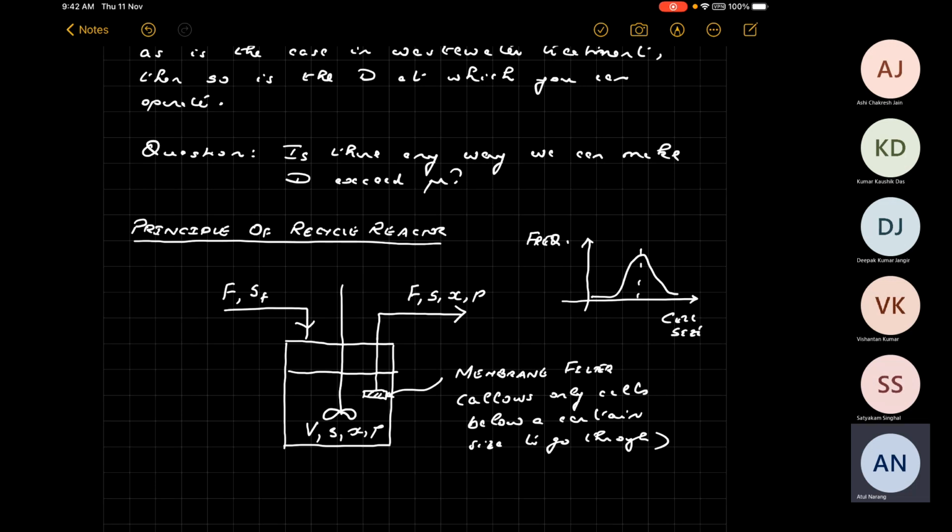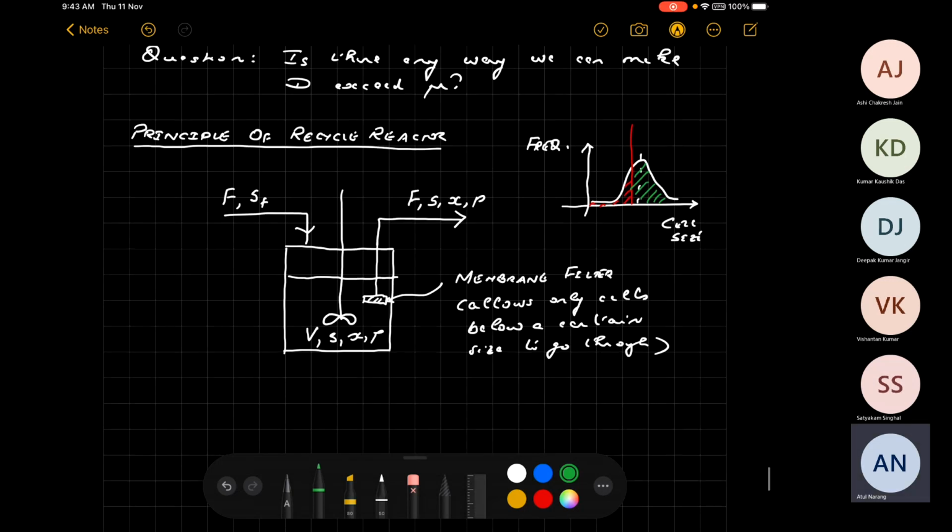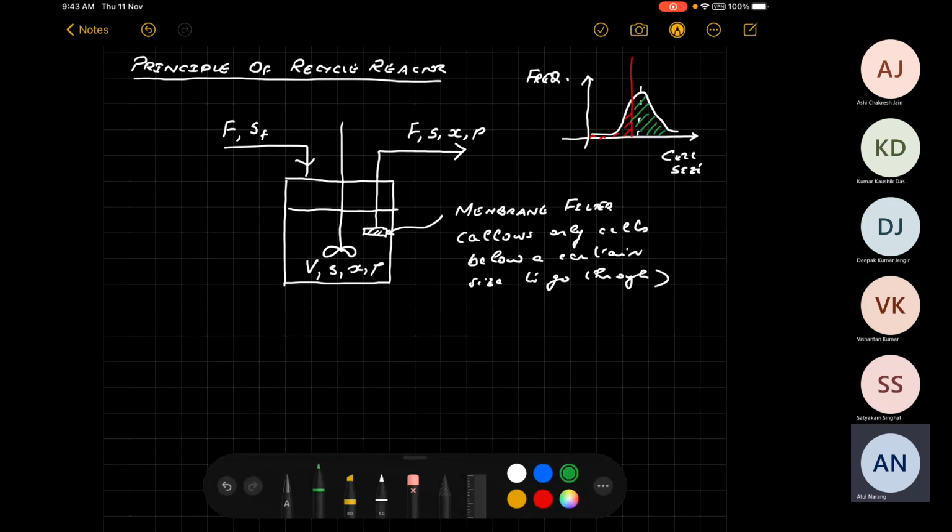And what you have done is you have basically put a filter which makes sure that cells below a certain size, say for instance, only the cells in the shaded red region go through. The other cells which are to the right, which I have labeled in green, are not allowed to go through, they are retained.